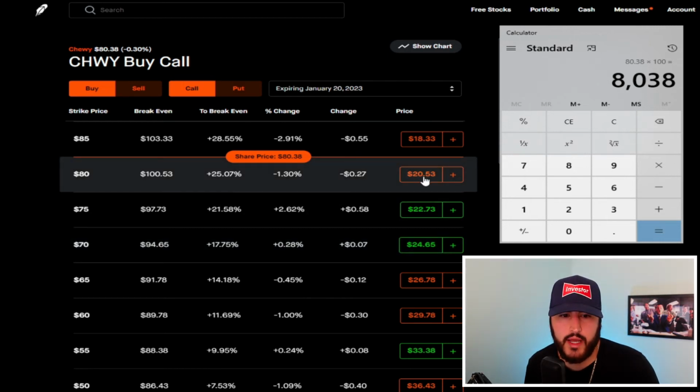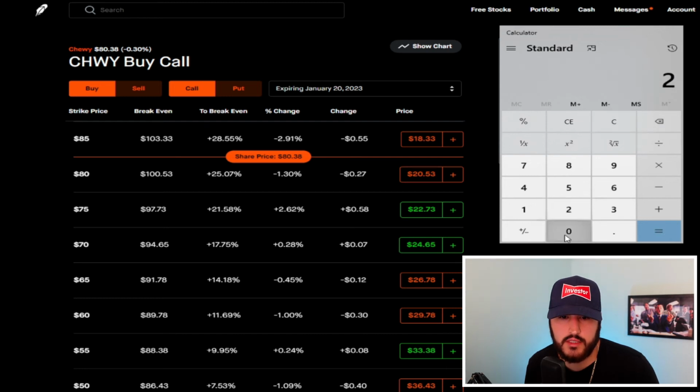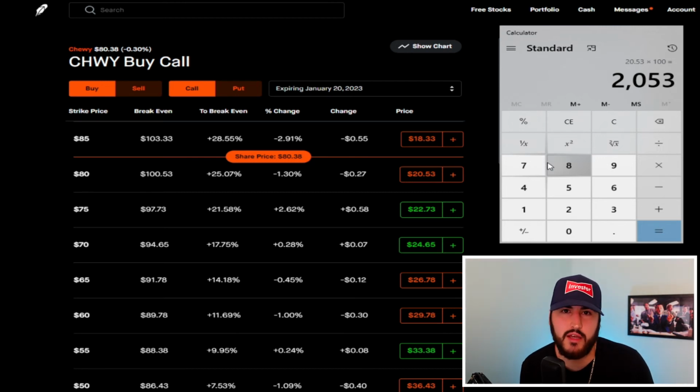The premium right now is $20.53. That's per share, and each contract is 100. So that's $2,000. So instead of $8,000, I only have to pay $2,000 to have access to 100 shares.